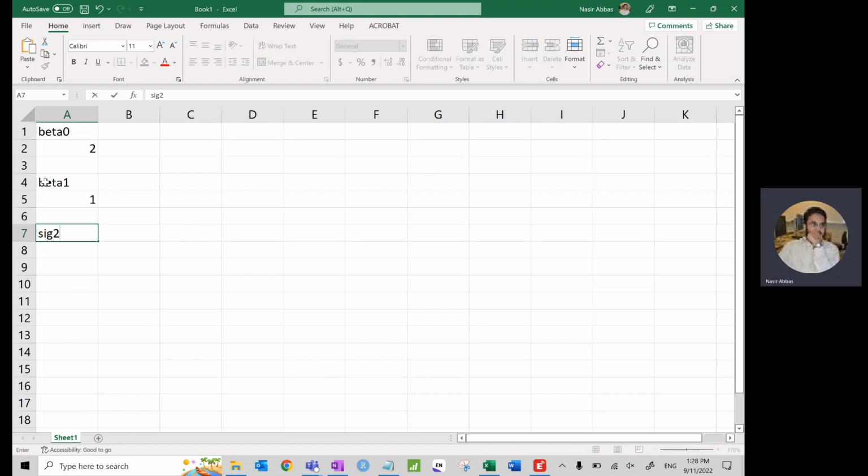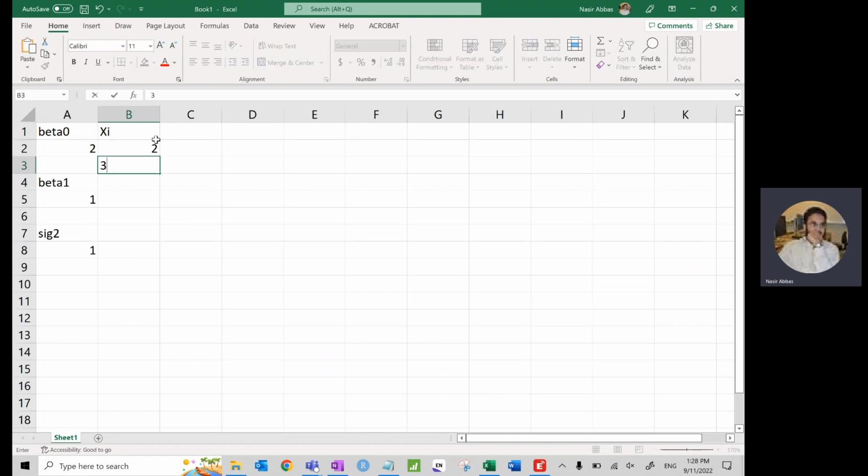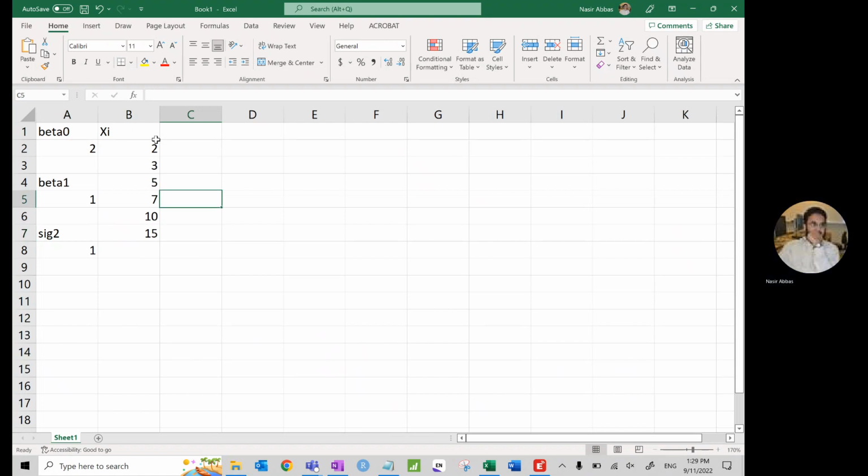And sigma square is, let's say, also 1. So I generate some known x's, and those x's are, let us say, 2, 3, 5, 7, 10, 15. 1, 2, 3, 4, 5, 6 x's.